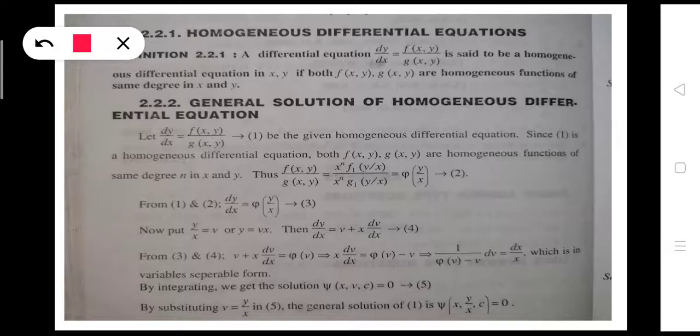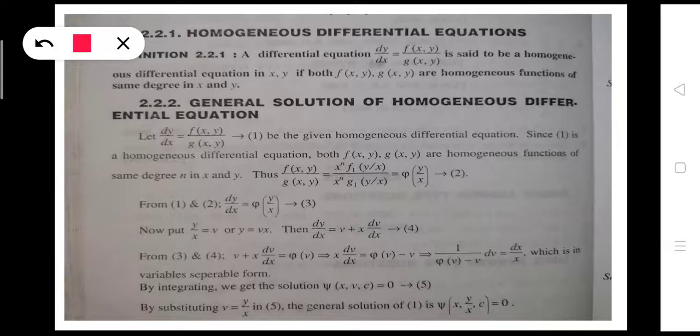Now from 3 and 4, we can write v plus x into dv by dx is equal to phi of v only. Here y by x we consider as v, and dy by dx is equal to v plus x into dv by dx.